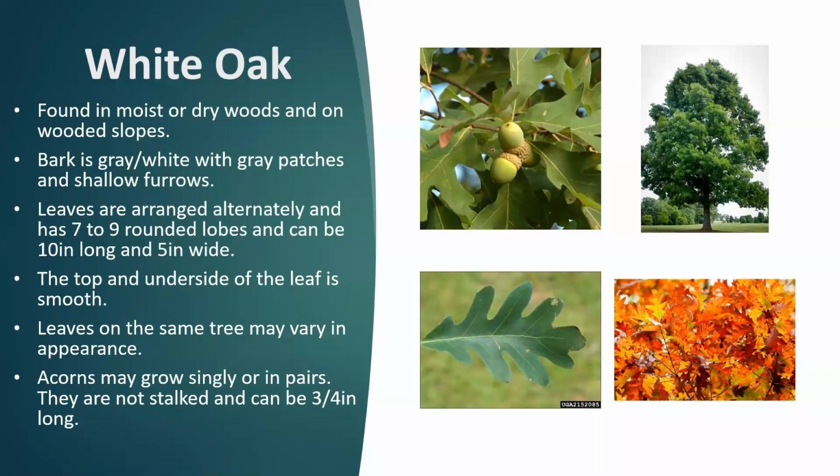But the really cool thing about white oaks is their bark. And I wish we had a better picture here to illustrate that. But white oak bark is known to be very platy. If any of you have ever seen a shagbark hickory, it's a tree that has this real platy bark that looks like it's slowly peeling away from the trunk of the tree.